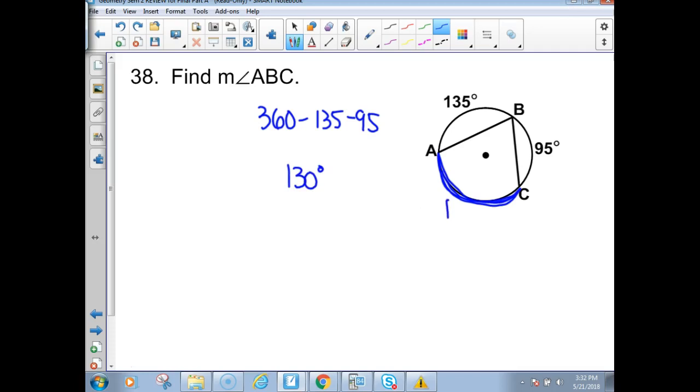Okay, so that would be the measure of the arc. Now, if I want to find the measure of angle ABC, I know the arc measure, arc AC, is 130. Then I take half of that to get the measure of the angle. So that'd be 65 degrees, because the inscribed angle is half the measure of its intercepted arc.